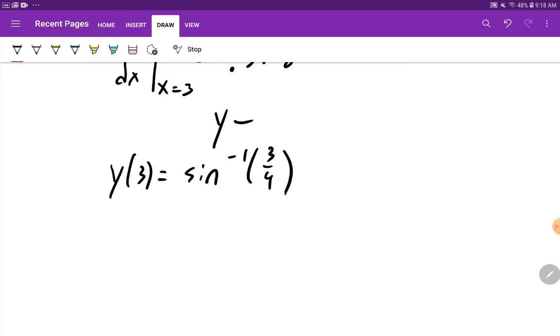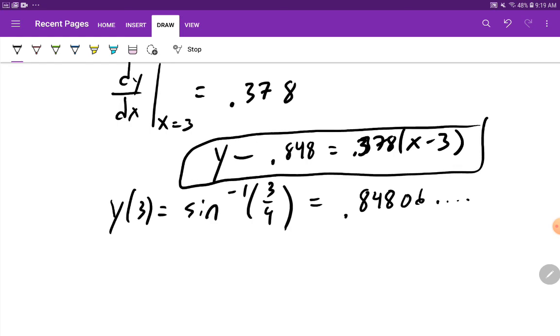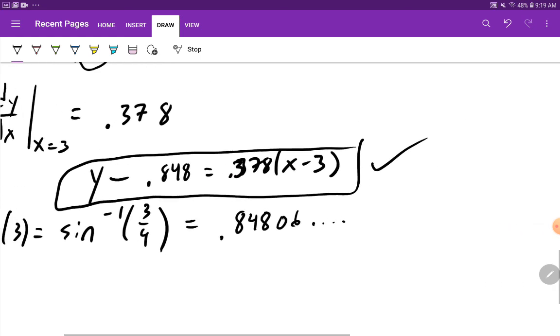Sine inverse of 3/4, which is 0.84806 something. So putting it all together, it's y minus 0.848 equals the slope, which is 0.378 times x minus 3. And I am definitely not going to simplify that. I'm good. If you want to simplify it, you can.